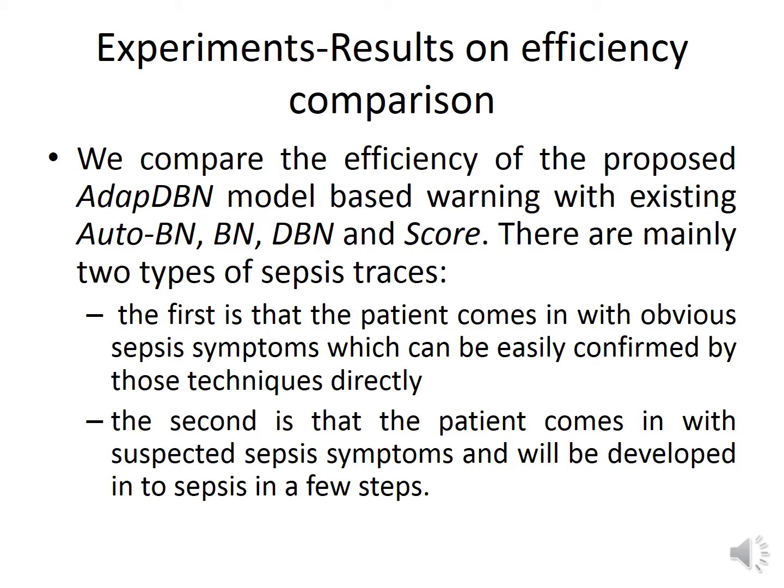We compare the efficiency of the proposed model with existing models such as AutoBN, BN, DBN, and SCORE. There are two types of sepsis cases. The first is that the patient comes with obvious sepsis symptoms, and the second is that the patient comes in with suspected sepsis symptoms and will develop into sepsis in a few steps.